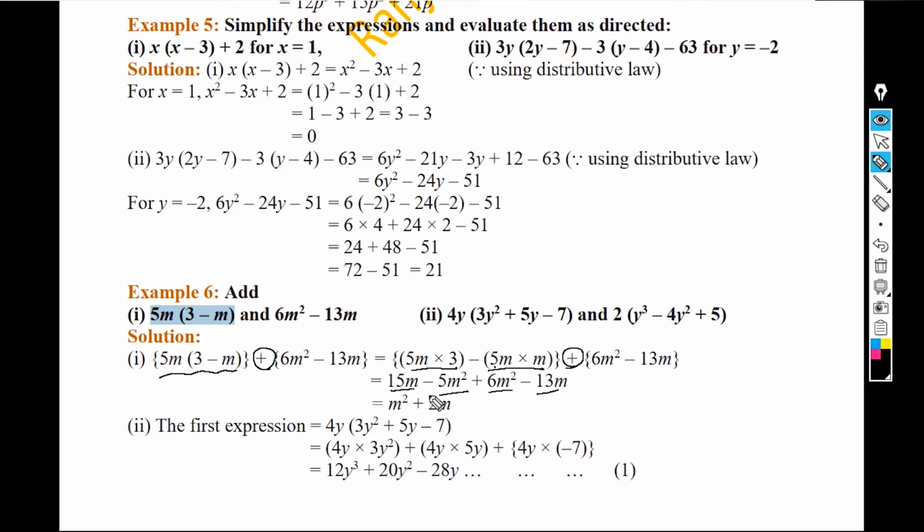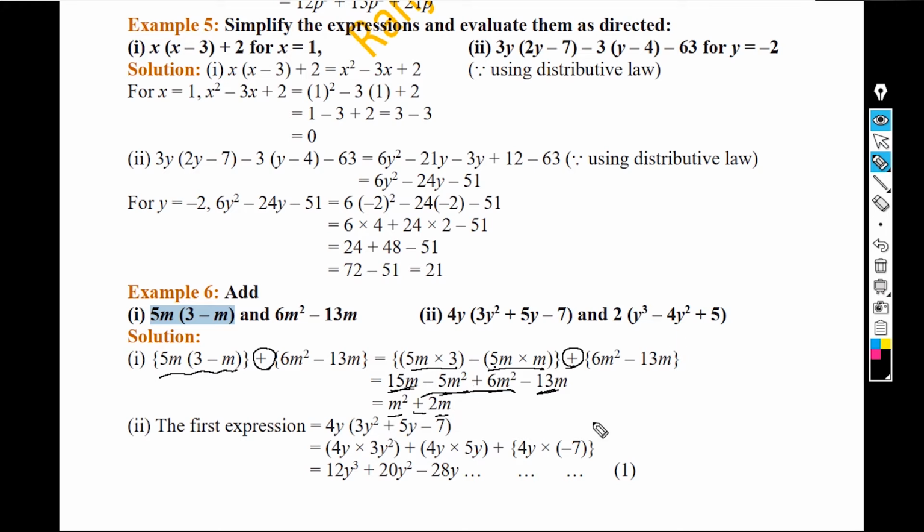The two terms containing m square, and after addition you will get this m square, and difference between 15m and 13m is 2m. 15 is more than 13, then sign of 15m is positive plus, then you have to put plus 2m.